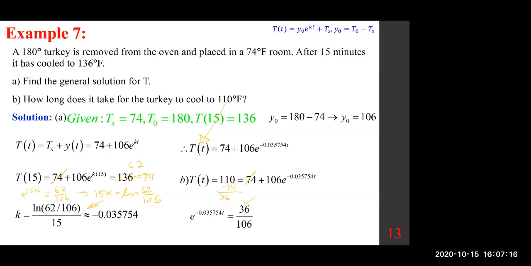Now take a natural log of both sides. If you take a natural log, what do you get?